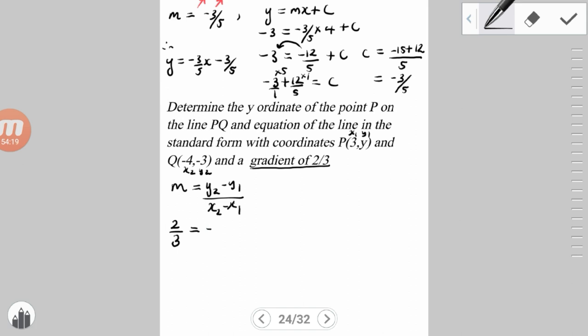y2 is minus 3, and that's going to take away y1, which is y, so y1 is missing, and x2 is negative 4, and that's going to take away x1, which is 3.